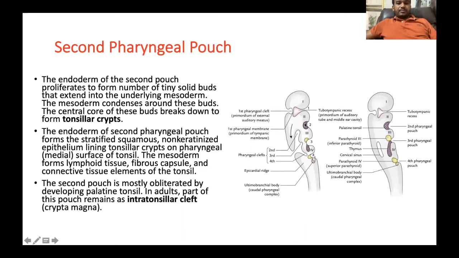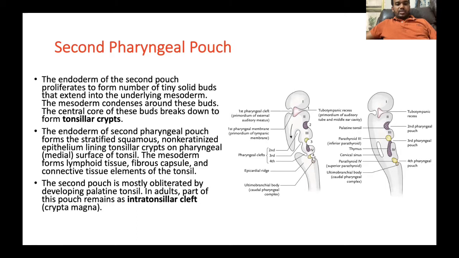Now the endoderm of the second pouch proliferates to form a number of tiny solid buds that extend into the underlying mesoderm. The mesoderm condenses around these buds. The central core of these buds breaks down to form tonsillar clefts.